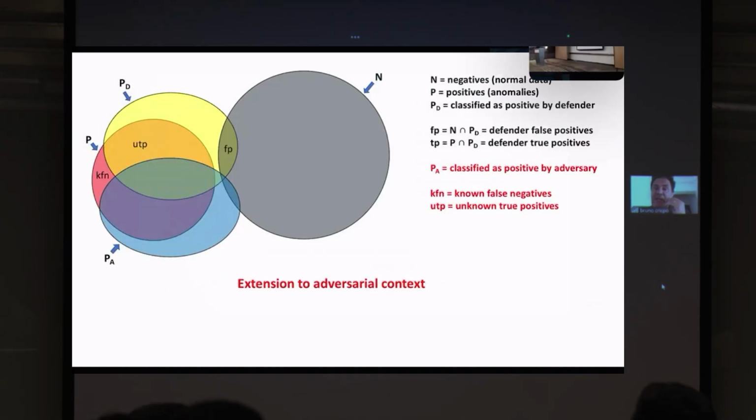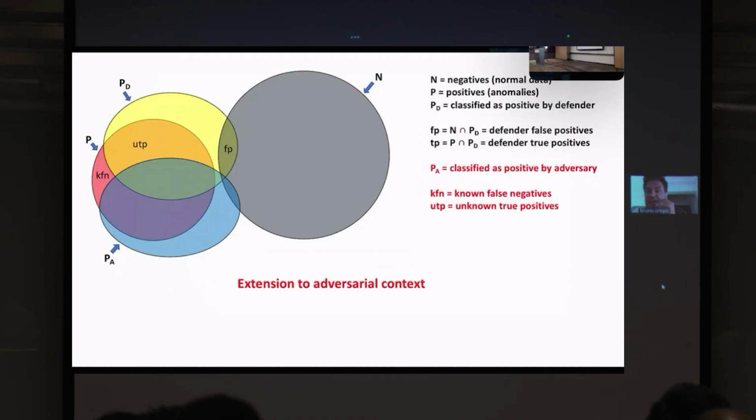And as we said, we keep the classifier of the defender unpredictable. So the classifier of the attacker never coincides with PD, but it diverges, and so it has a set of positives that are different from the set of positives captured by the classifier of the defender.